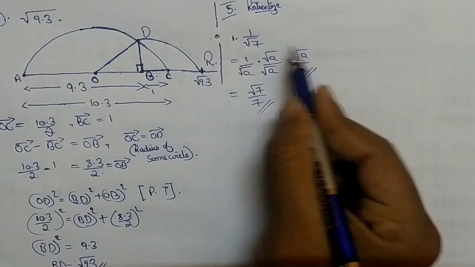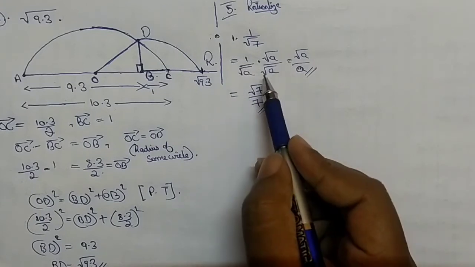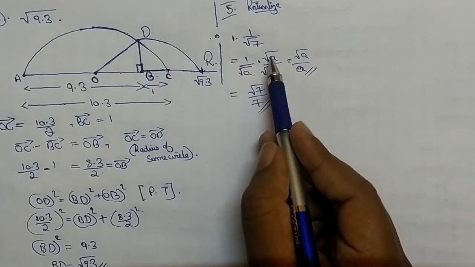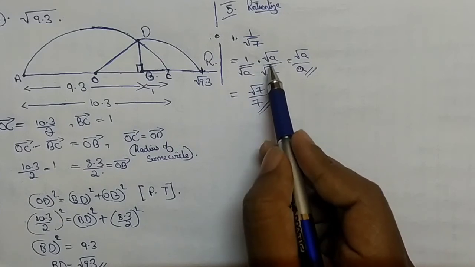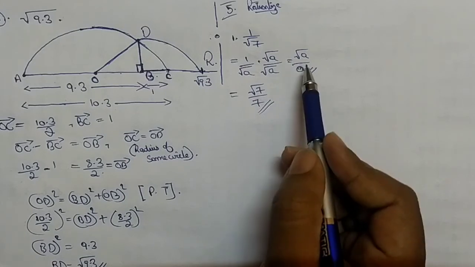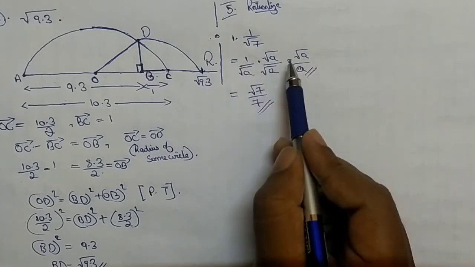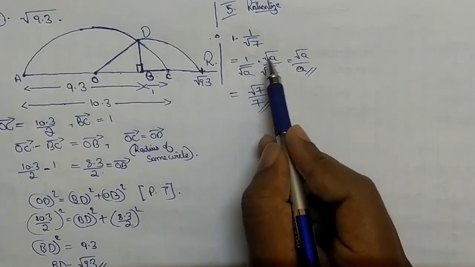If you remember this one, you can solve. There is no need to remember all of this. Why? Because we need to multiply with the same on both the numerator and the denominator, and we will get something like this. If you can remember that, then there is no need of writing this and comparing.